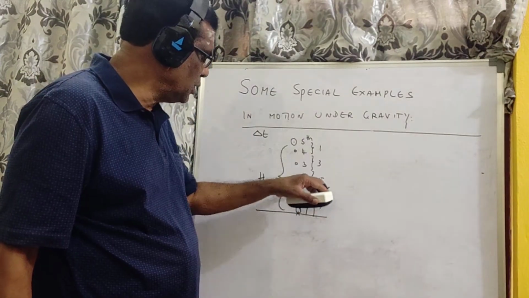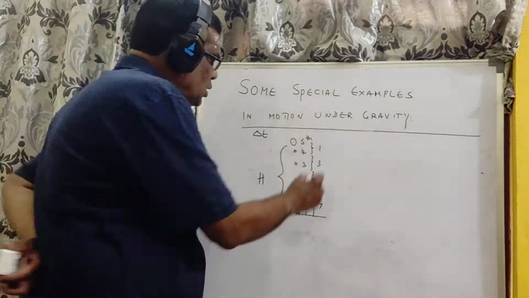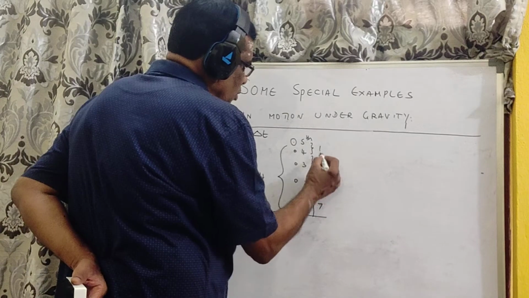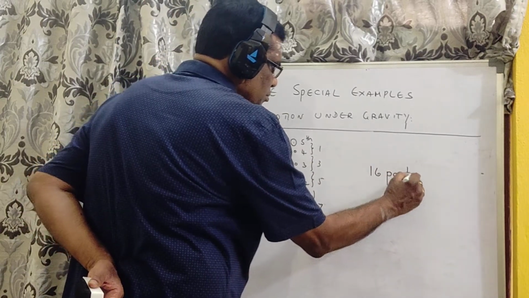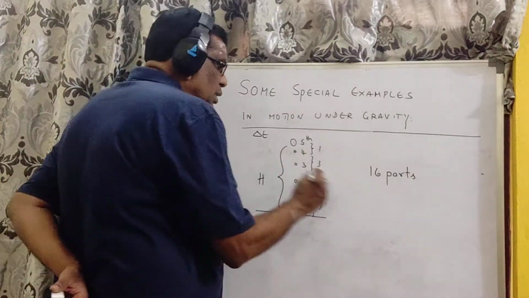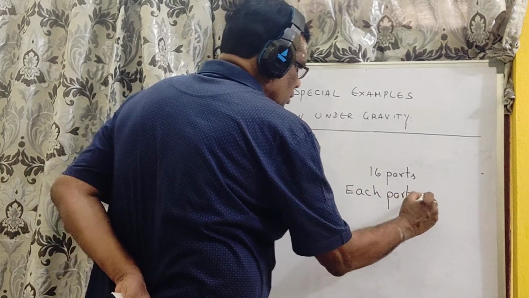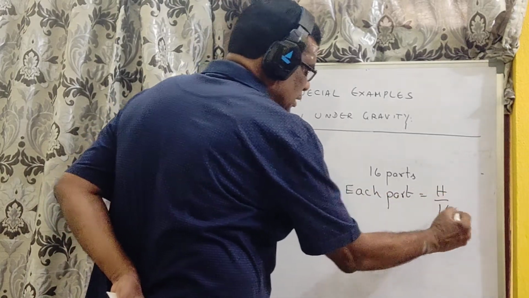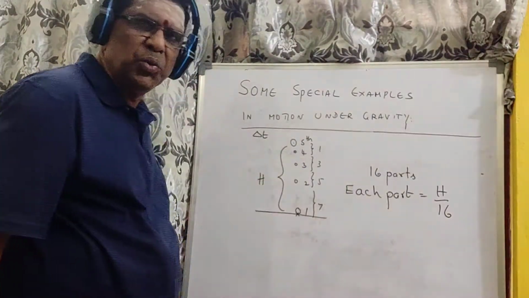What are the total number of parts you have? 1, 4, 9, 16 parts. You get that? So each part corresponds to how much? H by 16. That's it. Now the answer is before you.